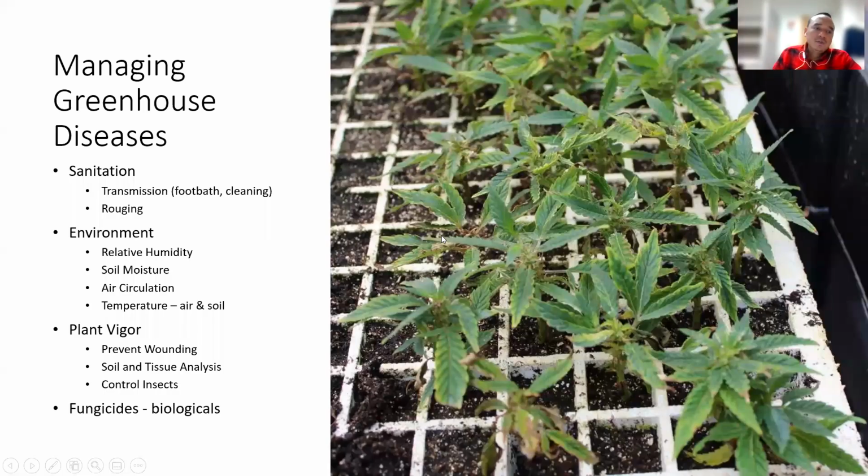Here, in terms of managing diseases in the greenhouse, sanitation can be one of the most important things to do. Sanitation itself means keeping everything clean, disinfecting tools, equipment in the field, disinfecting the greenhouse between crop cycles.